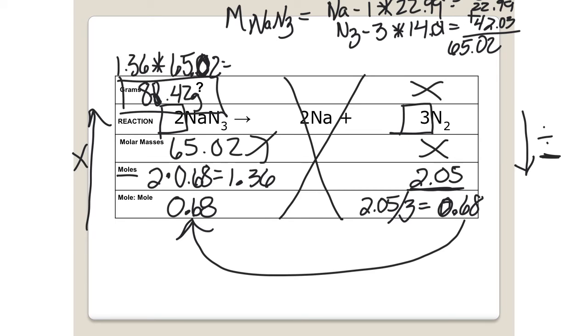That is my final answer. So yes, these are kind of tedious. You have to first do the PV = nRT to figure out moles, then plug that into your stoichiometry problem, then actually do the stoichiometry. So if this is the method you use to do stoichiometry, you are done looking at this video.